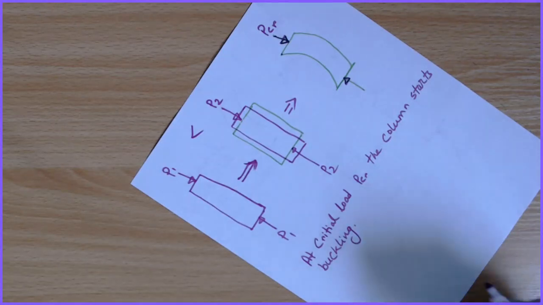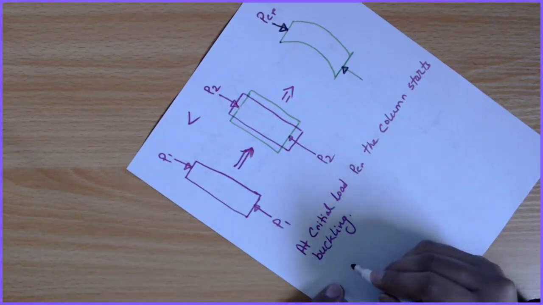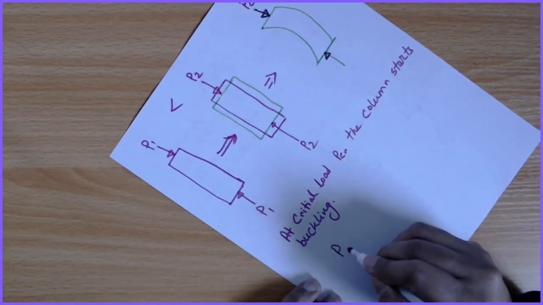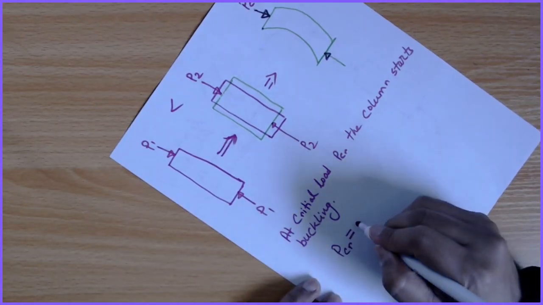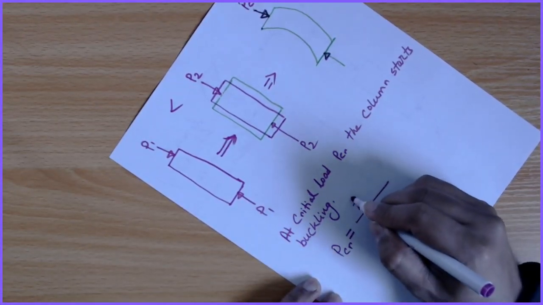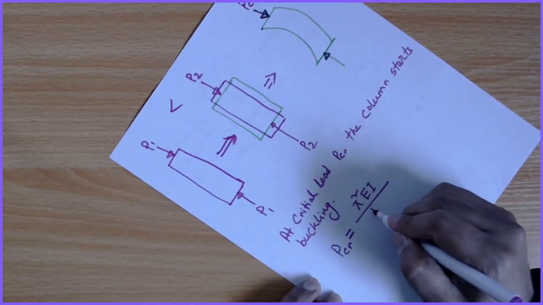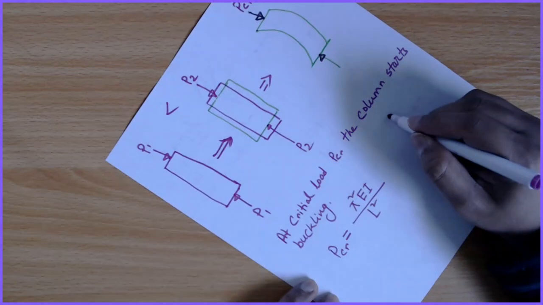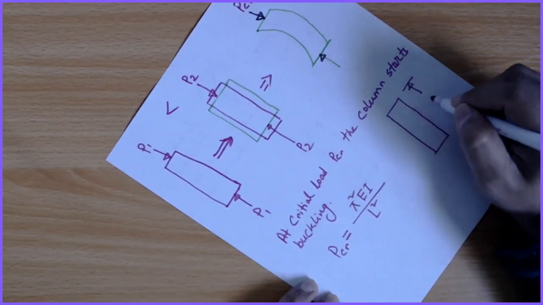So there is a formula. I'm not going to derive this formula, but I'm going to write it. P critical is pi squared EI divided by L squared.